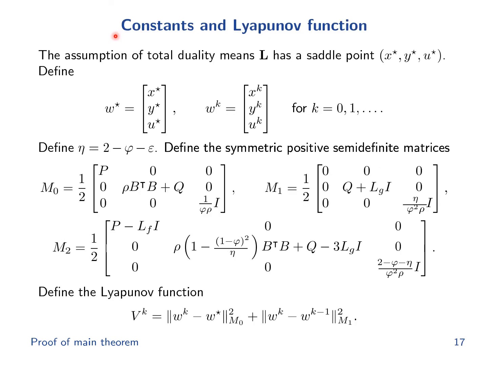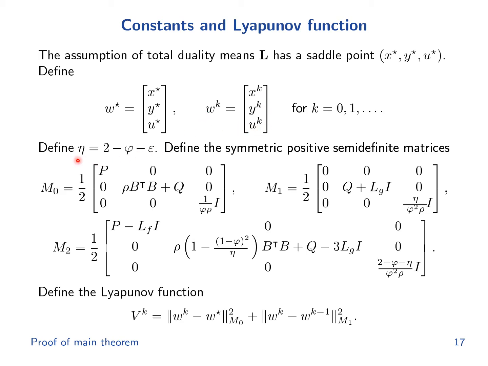Let us define the constants and the Lyapunov function used in the proof. Recall we assume total duality, which means the Lagrangian L has a saddle point x star, y star, u star, and concatenate them into vector w star, and also concatenate the iterates xk, yk, uk into wk.